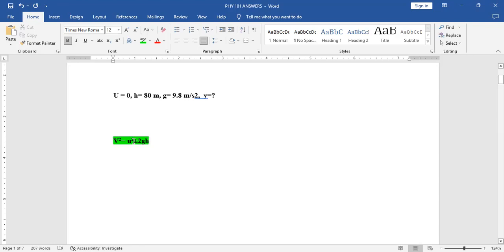And another thing I want to say is this. The plus or minus here represents two things. If the object is projected high into the air, we use minus because it is moving against gravity. But if the object is allowed to come down, just like this one, we are going to use plus because it is moving in the direction of gravity. So here, I'm going to change this to plus.